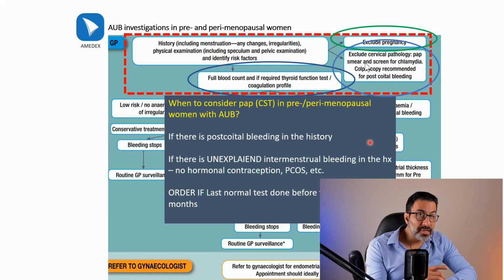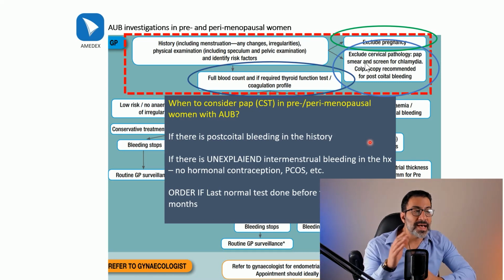But if there is no explanation for this intermenstrual bleeding, we want to repeat the pap smear, or consider pap smear, better said. Okay, when do we order the pap smear? If indicated from above, we order pap smear if there is no normal result in the past 3 to 6 months.